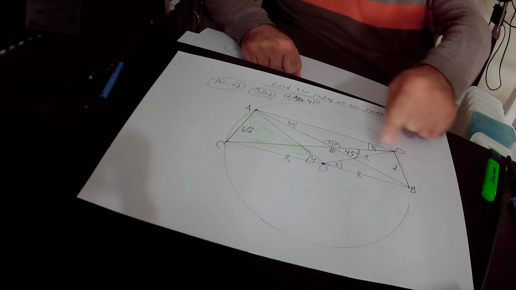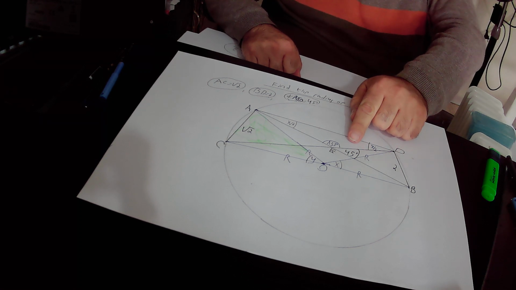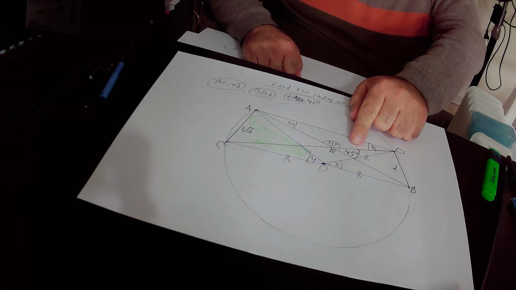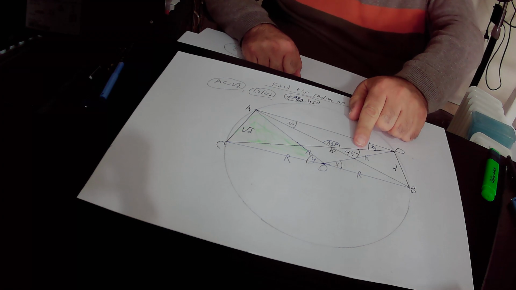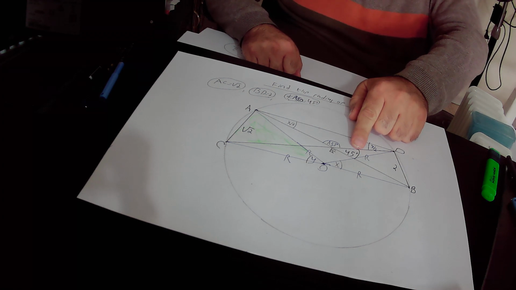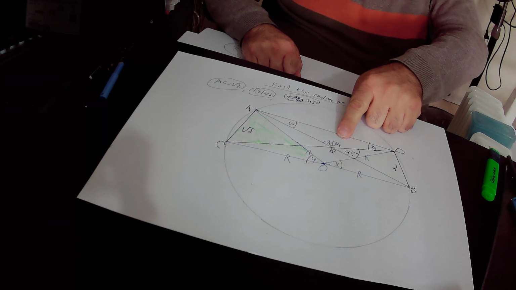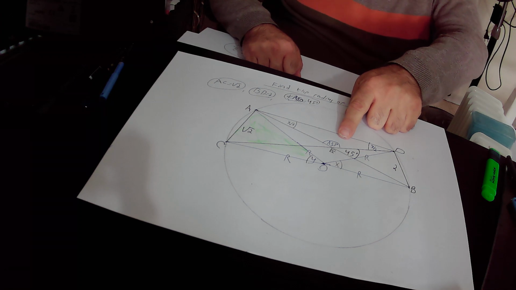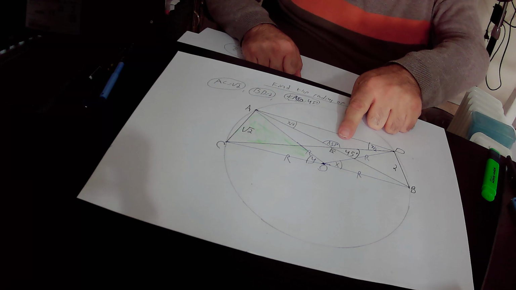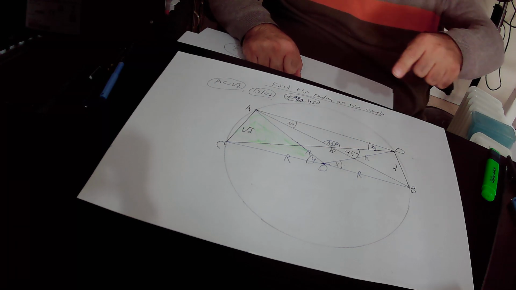So if we focus on the upper side of the straight line AB at point E, the sum of the angles must be equal to 180 degrees. So we have this angle that is 45 degrees, plus the missing angle. The missing angle must be equal to 135 degrees in order to complete the sum of the angles on the upper side of AB at point E to 180 degrees. So this angle must be equal to 135 degrees.